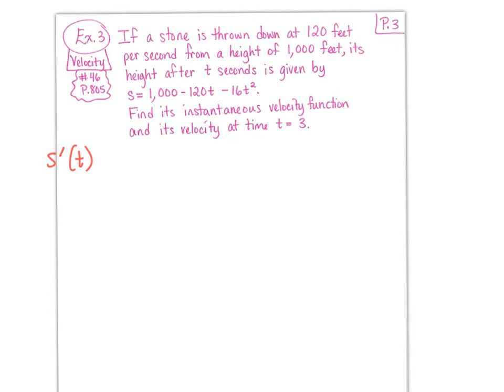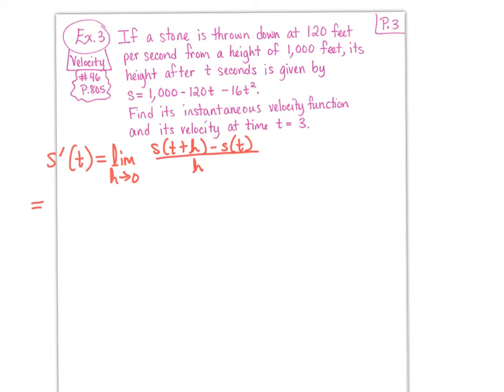So s prime of t is equal to the limit as h approaches 0 of s of t plus h minus s of t all over h. So you take t plus h, you substitute it in where you see a t here. That will give you s of t plus h.